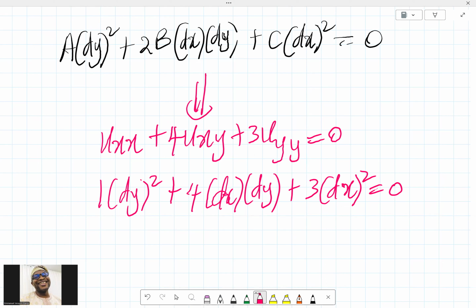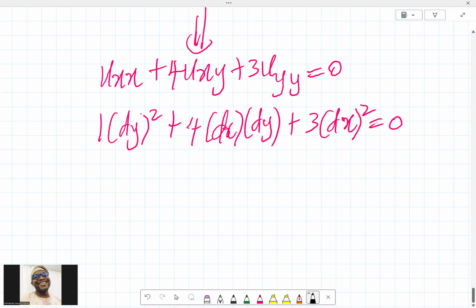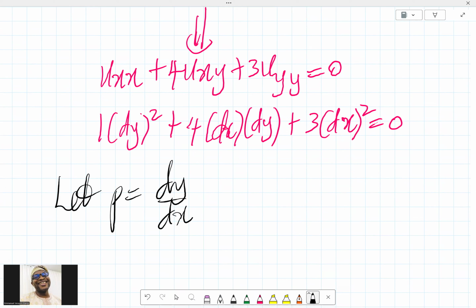So in this case, what do we do next? We can say let p be equal to dy dx. If p is dy dx, that simply implies that we have p squared minus 4p plus 3 equals 0.